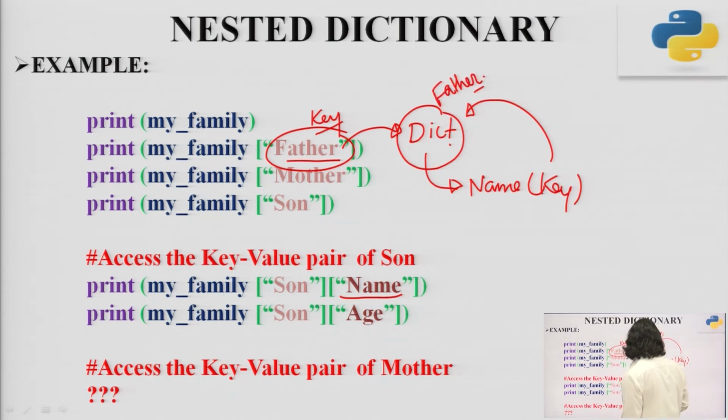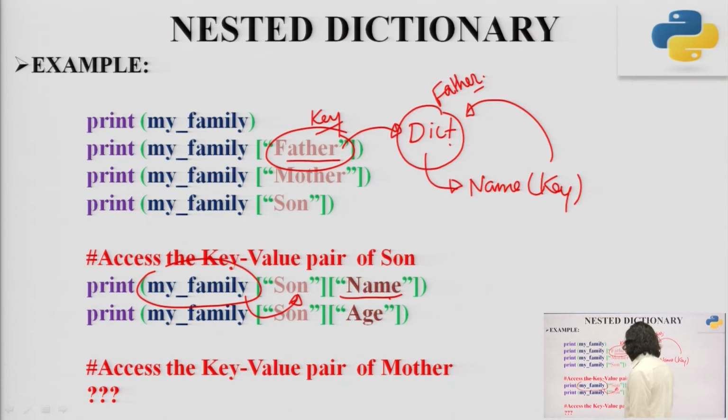So, you can see here that if we are going to access the son element as name, what is the process? This is the variable name followed by the information of the element of my family, that is son.